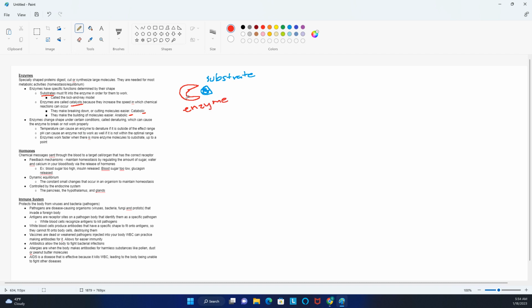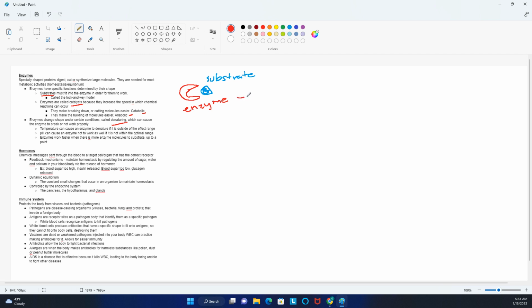And so, because it has a specific shape, an enzyme shape can change and make it no longer work effectively. This process of changing shape is called denaturing, and it can happen from two main causes. Either too high of a temperature can cause an enzyme to denature, or being in a pH range that is not effective.